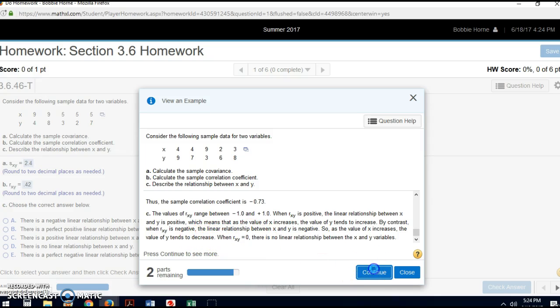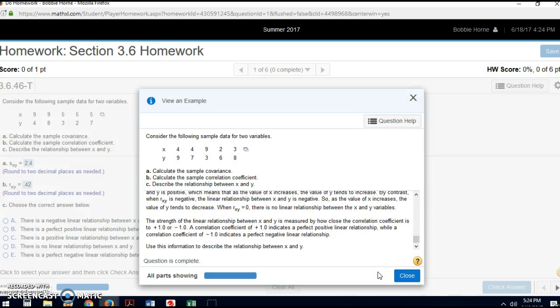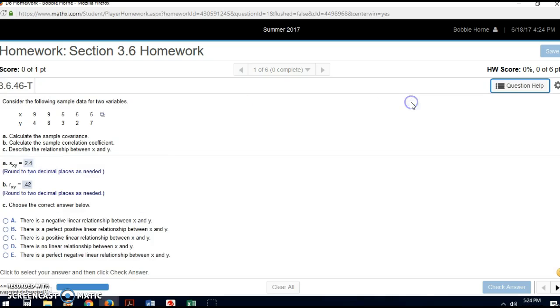And if it's a 0, there's no relationship. Okay, and then the strength depends on how close it is to 1 or -1. -1 indicates a perfect negative relationship, and a +1 indicates a perfect positive relationship. So you have to use this information. So here we know that it's positive but it's not perfect.